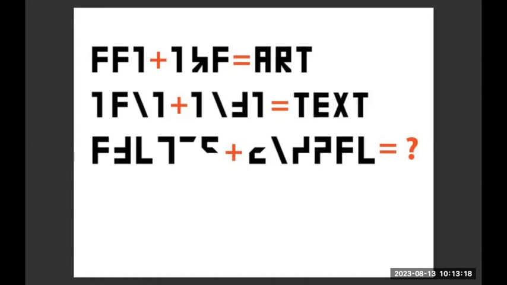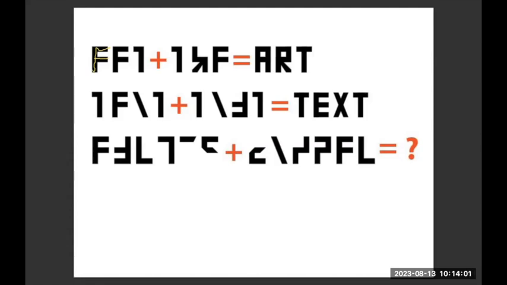All right. Let's just try solving this. You see this letter? Is it audible? We can see the letter.